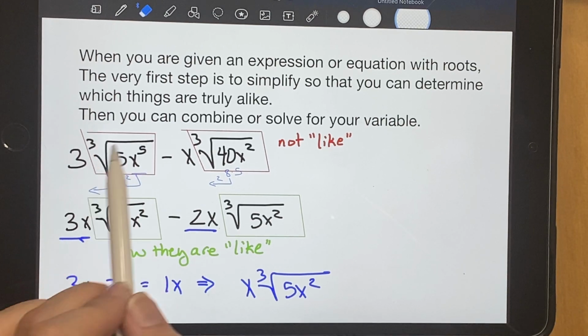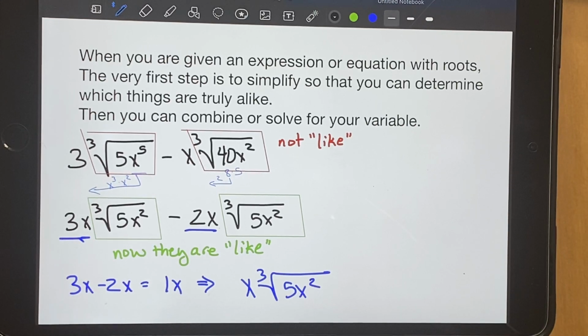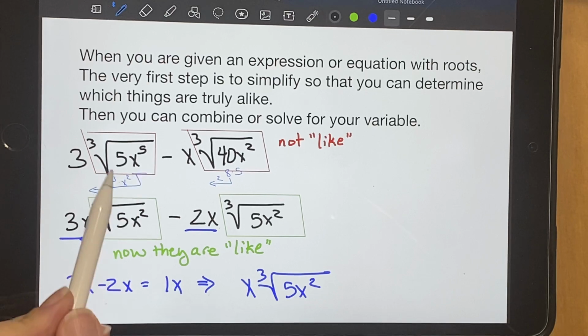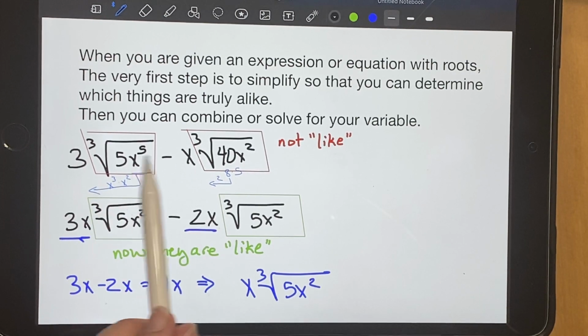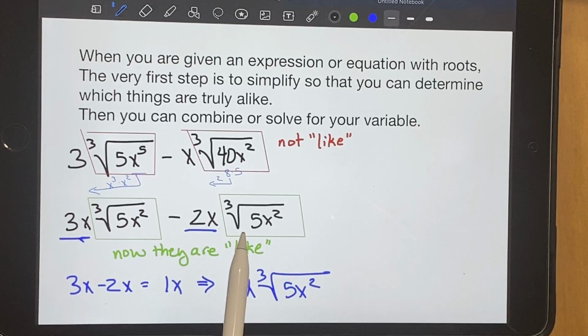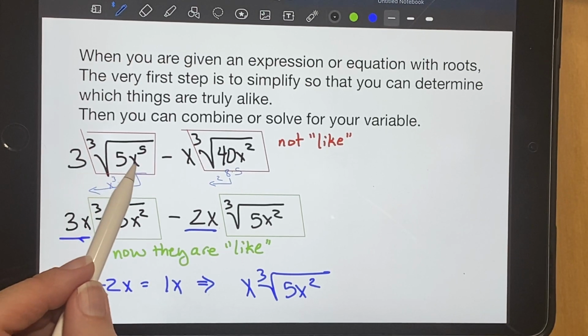So again, as we had looked before, when we are simplifying expressions or equations with roots, we always want to simplify our radicand down. That way we can be confident that they either are alike or they're not alike. Because sometimes they look like they're not alike, but when we simplify them, they really are alike. So in this case, I had the cube root of 5x to the fifth.